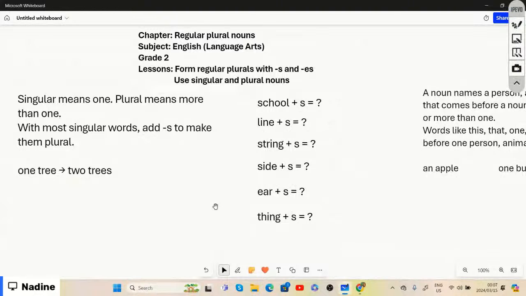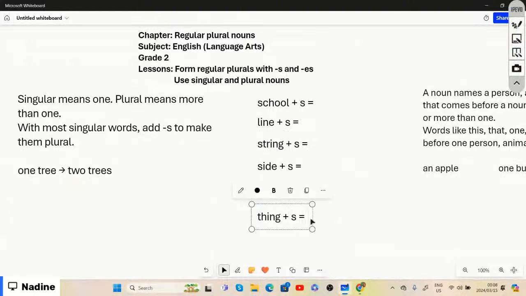If we look at the first word, school plus S, what do you think the word will be when we add the S? If school refers to one school, what would be the word if we were to refer to two of those same buildings? So we'll have one school, two.